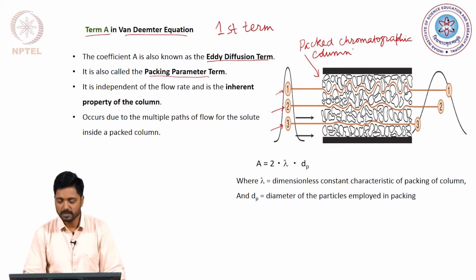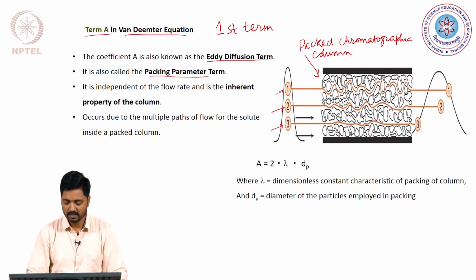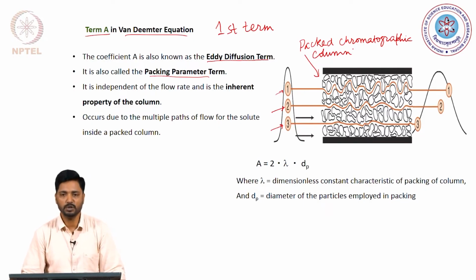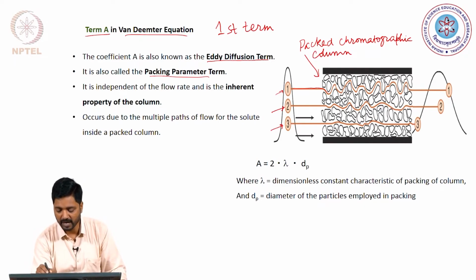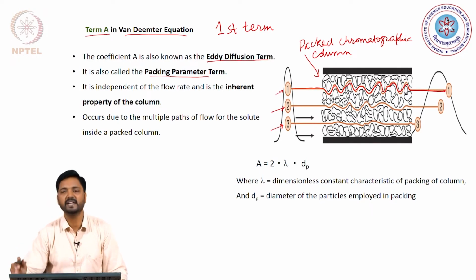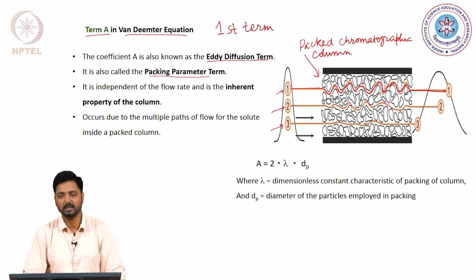But what we observe here is that these solute molecules will follow very different paths as they traverse through the column. For example, molecule 1 takes a longer path within the column and elutes out pretty late.